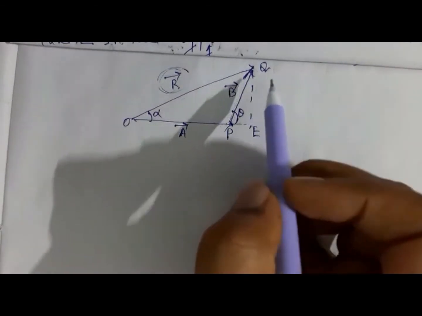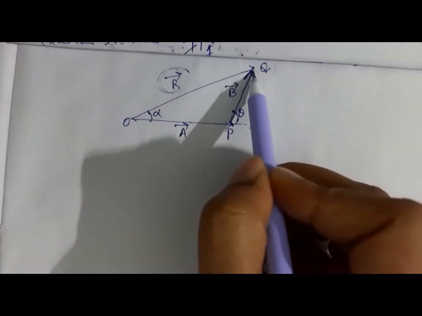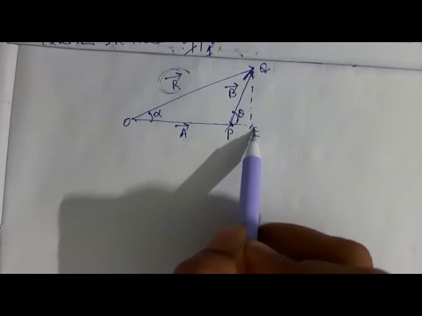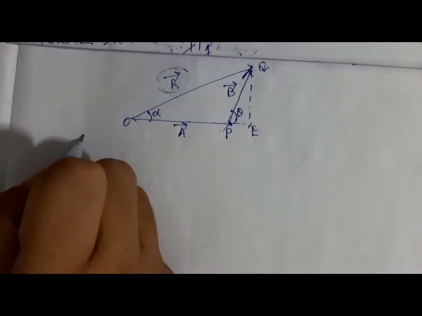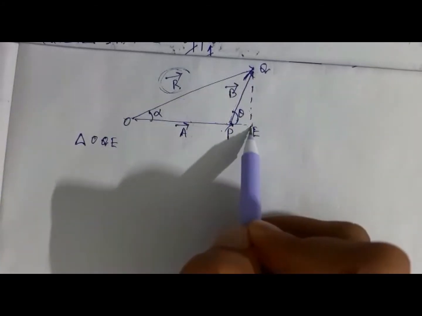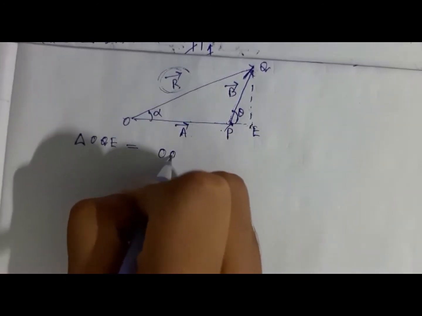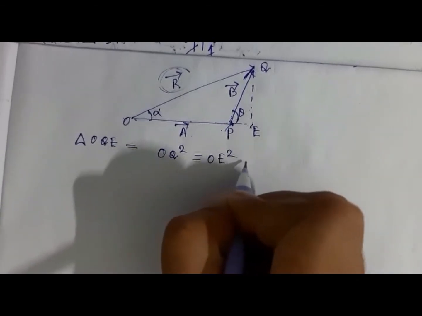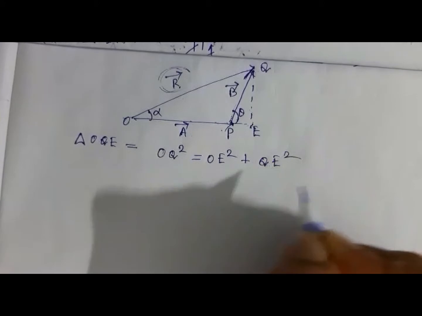First you have to draw the perpendicular from this Q, and then join this, it will be PE. After this, for the triangle OQE, hypotenuse square equals base square plus perpendicular square.